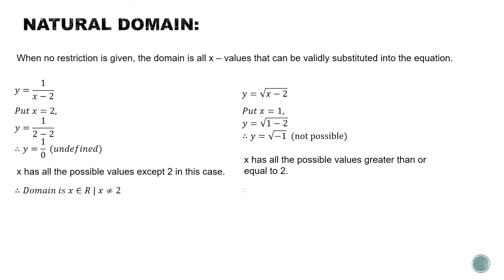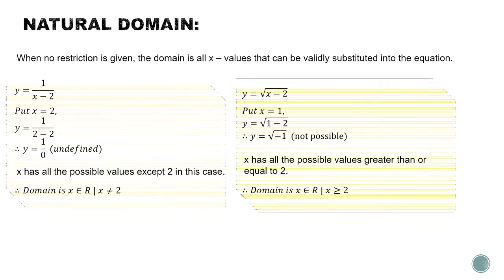Which is once again written in a broader way as the domain of x in this case is given by all the possible real values, but the values should be greater than or equal to 2. So this is the natural domain that you need to understand here.